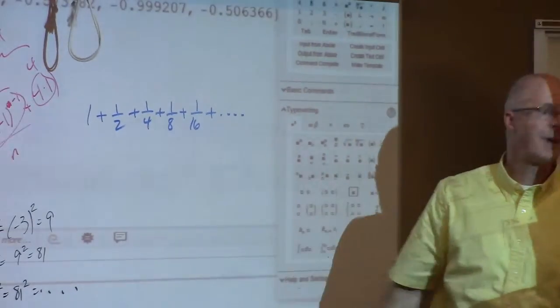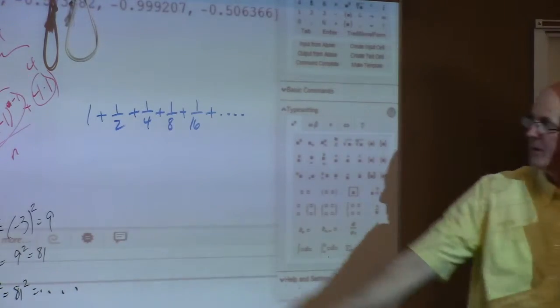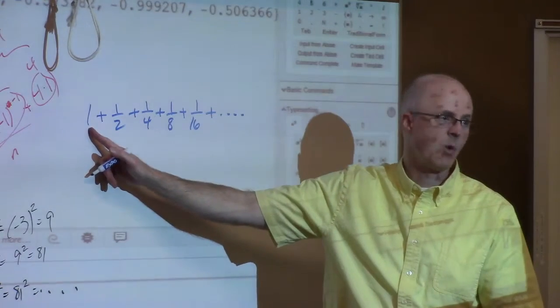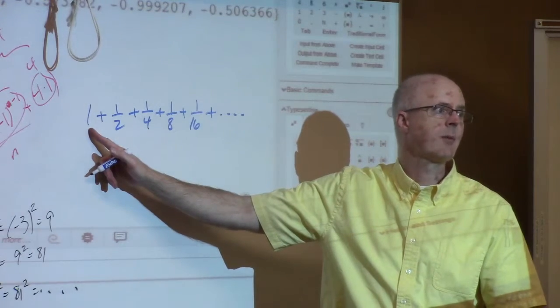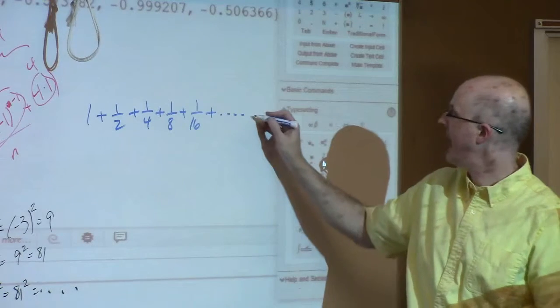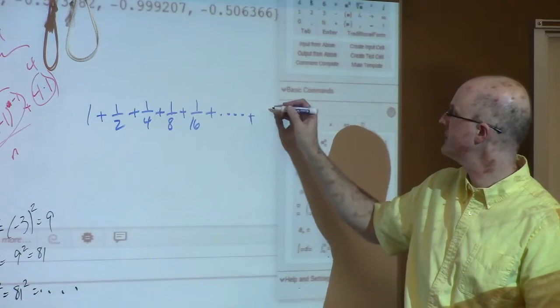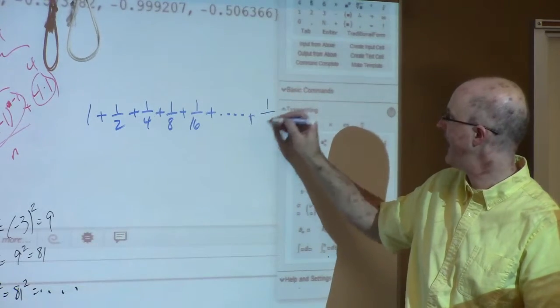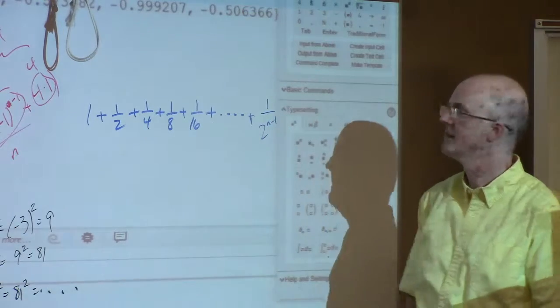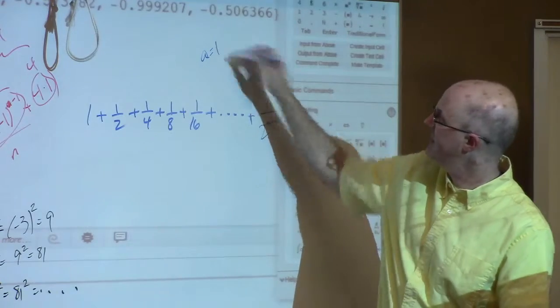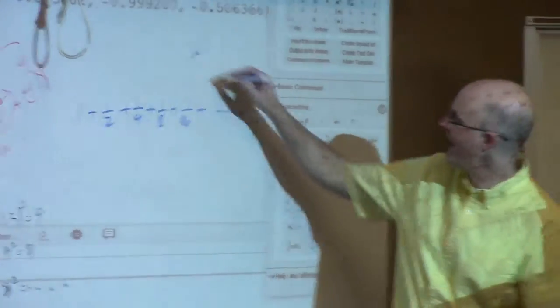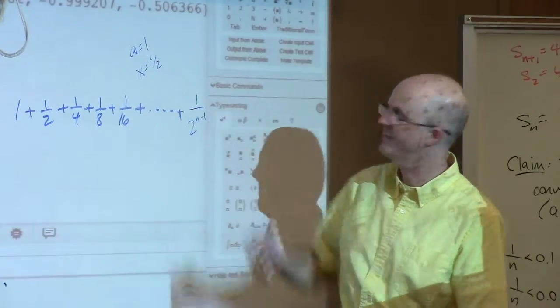Adding 1 over powers of 2, including the first one, by the way, which could be thought of as 1 over 1, and the one on the bottom could be thought of as 2 to the 0 power. If I have a finite geometric series with n terms in this situation, the last term would look like this. The a is the first term, that would be 1, and the x, the common ratio, would be 1/2.